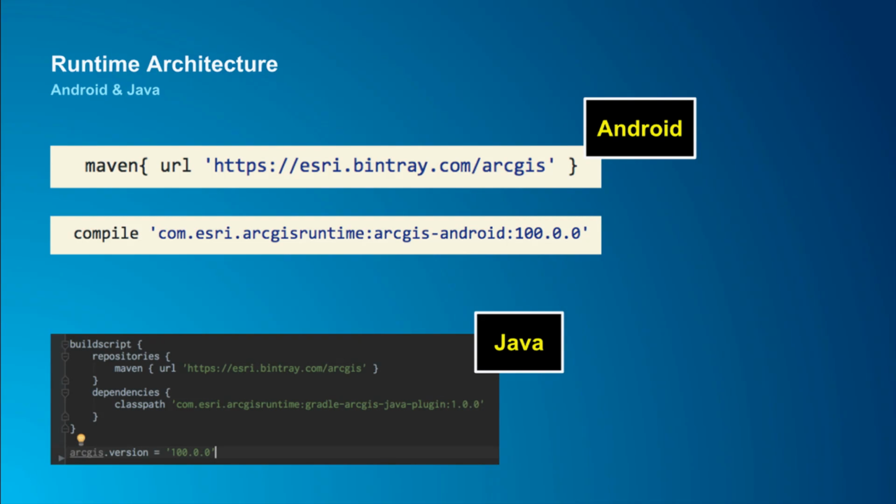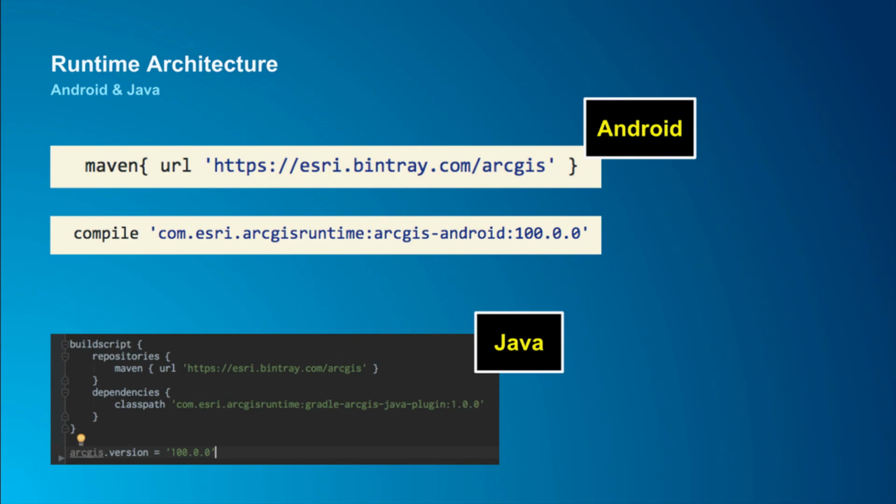So at 100, we all get our SDKs through dependency management systems. In Android and in Java, we have a custom Maven repository that you add to your list of repositories that you can go out and seek the libraries that your apps are depending on. And with Android, we have a packaged AAR that you can pick up as a compile dependency.